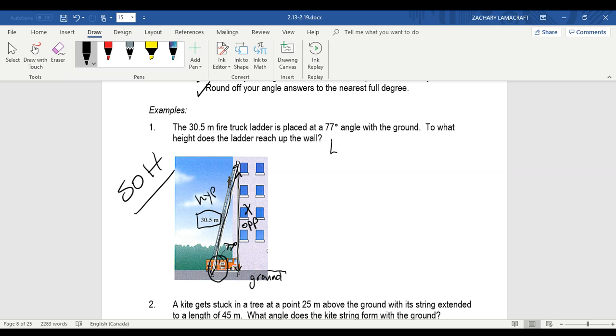In this case, we're going to let X be the height the ladder reaches up the wall. That's a little bit of a lengthy one, but make sure that you have that down.